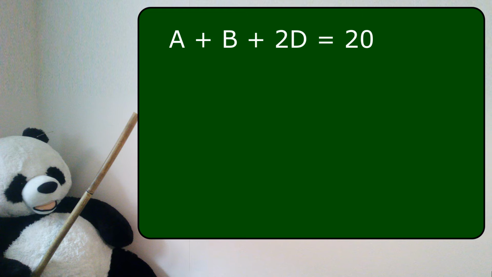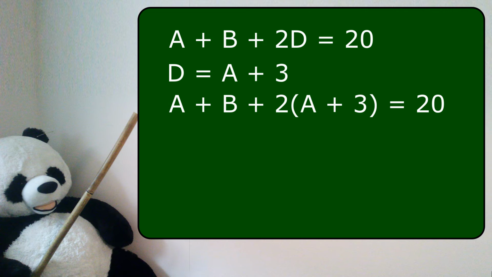Another piece of information we have is that Daniel is 3 years older than Alice, or D equals A plus 3. So let's get rid of the D by putting in A plus 3. We have 2 D's, so we'll put brackets around the A plus 3 with the 2 next to it to specify that we're multiplying by 2 first.